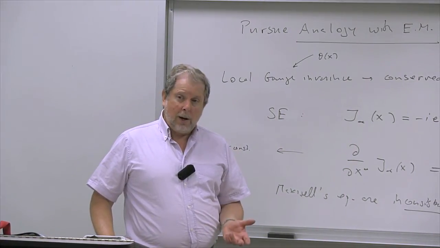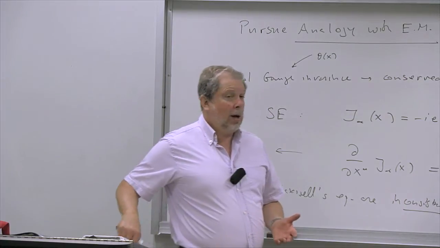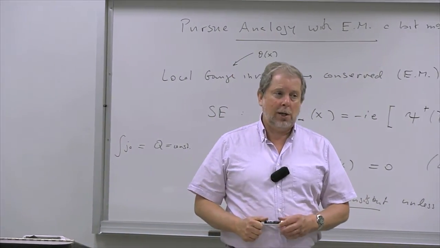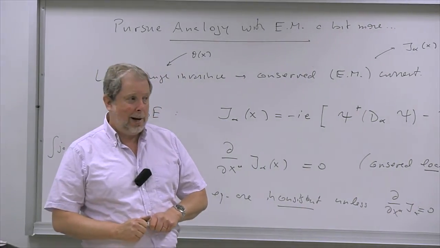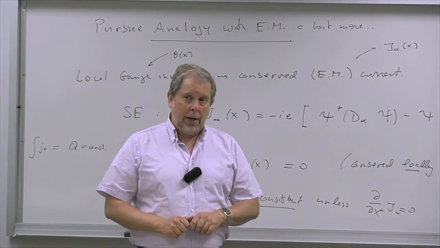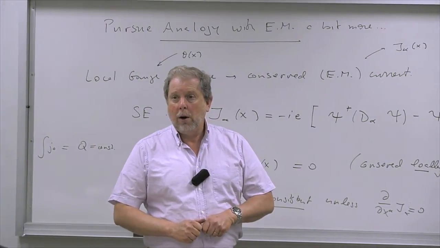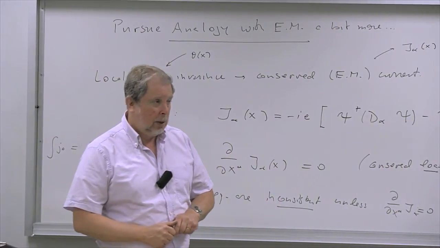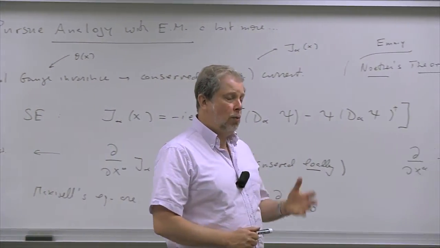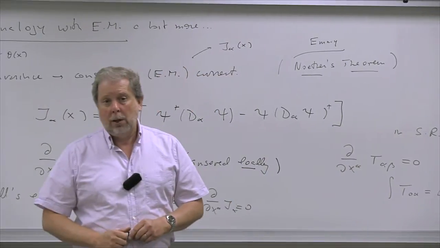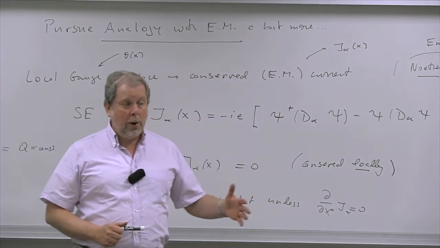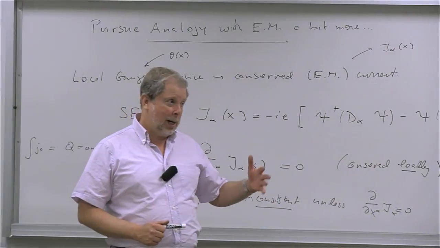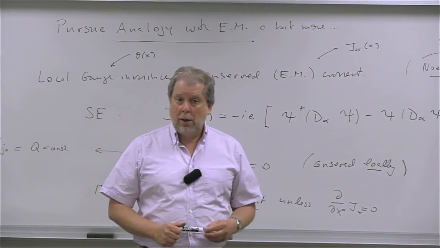And so there will be an analog of that as well in gravity, which is that the field equations for gravity cannot be consistent unless energy and momentum are locally conserved, right? So one of the things that is going to come out is that you have to have a conservation of energy and momentum at each point in space-time, because that is what is coming out of the local symmetry.